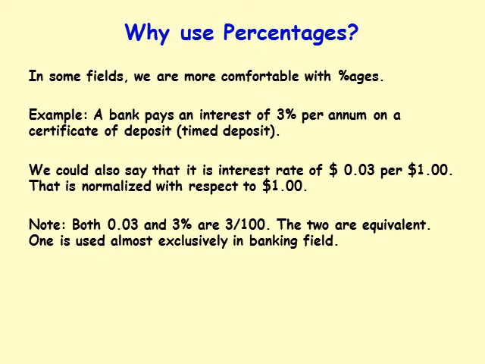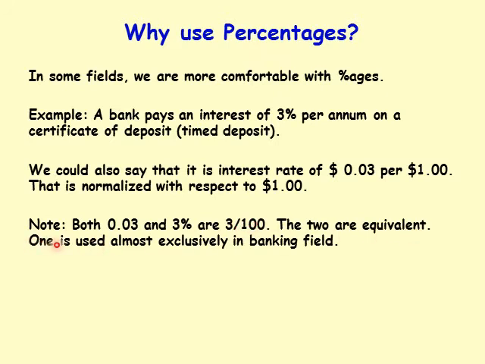Note that both 0.03 and 3% are 3 divided by 100. See that the percentage has an implied denominator of 100, that's 3 over 100. When we convert 0.03 to a common fraction, it becomes 3 divided by 100. The two are equivalent.